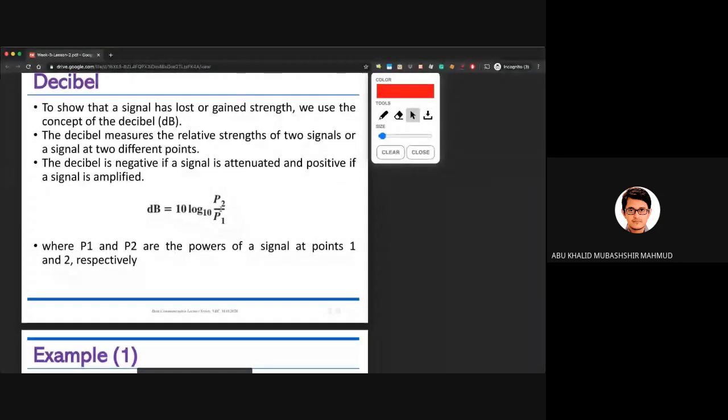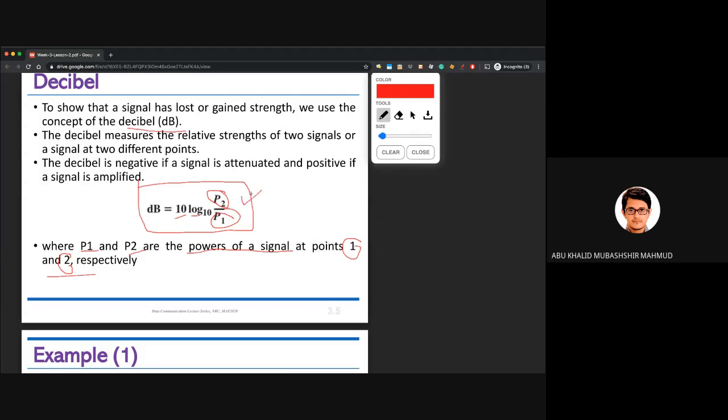Now we see P2 and P1. P1 and P2 are the powers of signal at points 1 and 2 respectively, and the formula for decibel is such that dB, which is a symbol for decibel, is 10 multiplied with the log of P2 divided by P1 to the base 10.